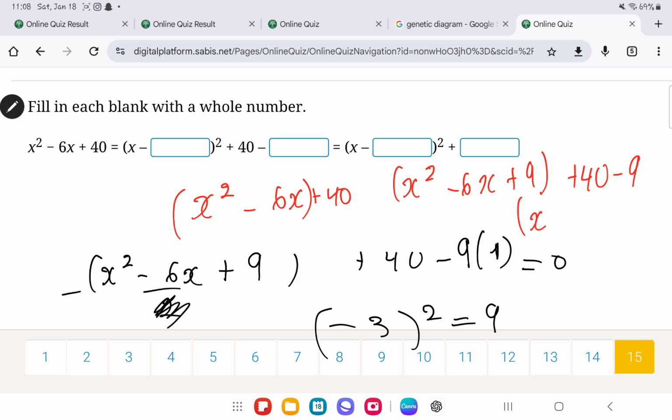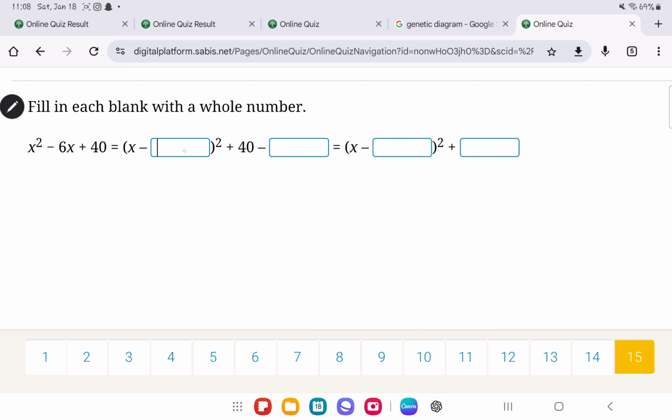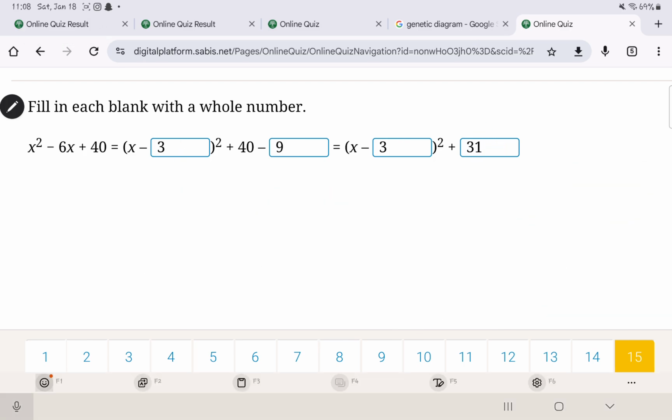So it's going to be, in other terms, x minus 3 squared plus 40 minus 9. So over here it's 3 and 9. And then finally it's going to be x minus 3 squared plus 31. So here's 3 and here's 31. So 3, 9, 3, and 31.